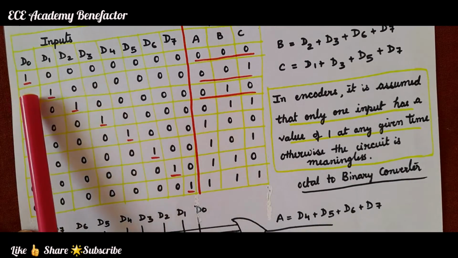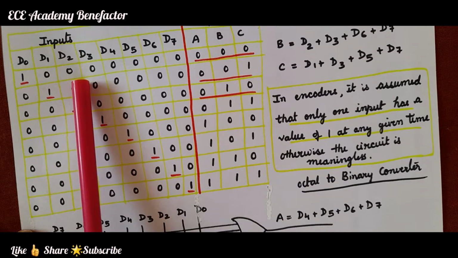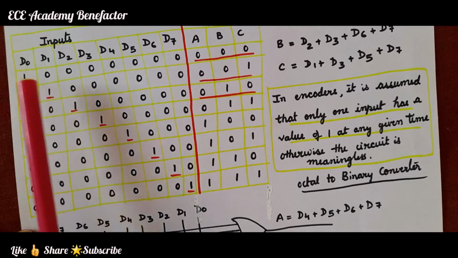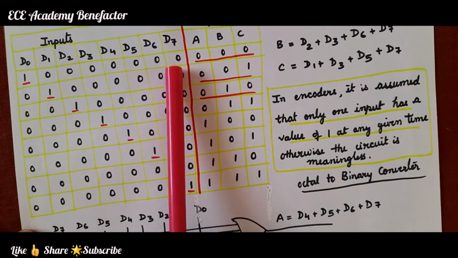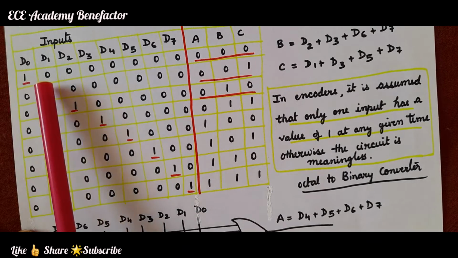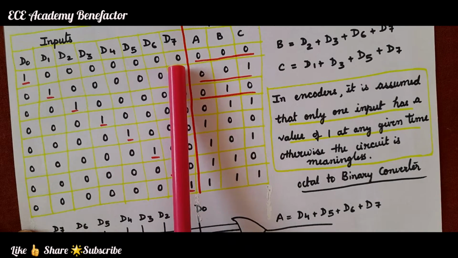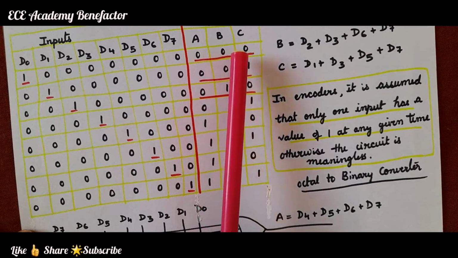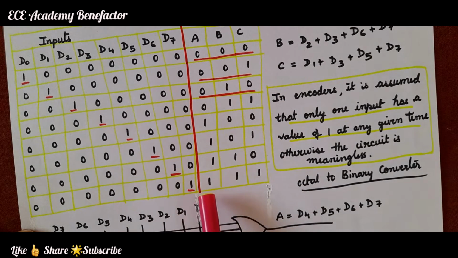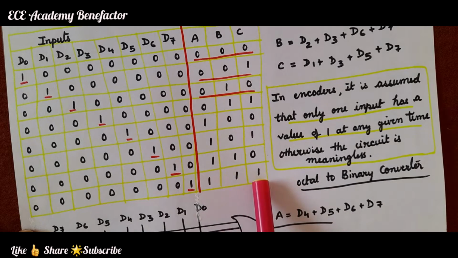So, while designing octal to binary encoder, we have assumed that only one input is going to be high and all other inputs will be low or 0. So, if D0 is 1, all other inputs are zeros, the output will be 000. If D7 is 1, then output will be 111.